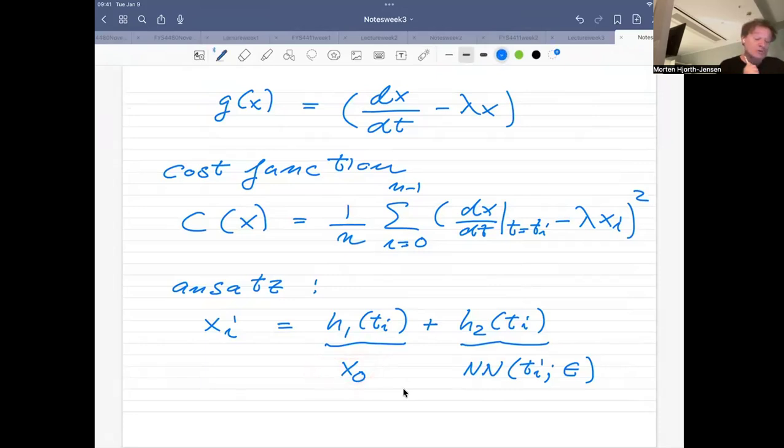So what we would do then is simply to take this neural network and multiply that with t_i. So we would have an ansatz which could look like this. This is the type of approach which we would do with a neural network by a kind of minimal approach. So we would have a function now which bakes in the initial conditions.